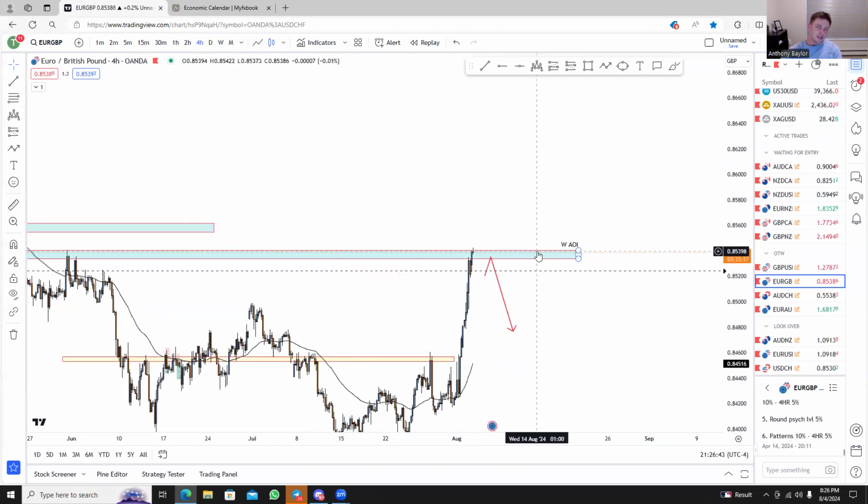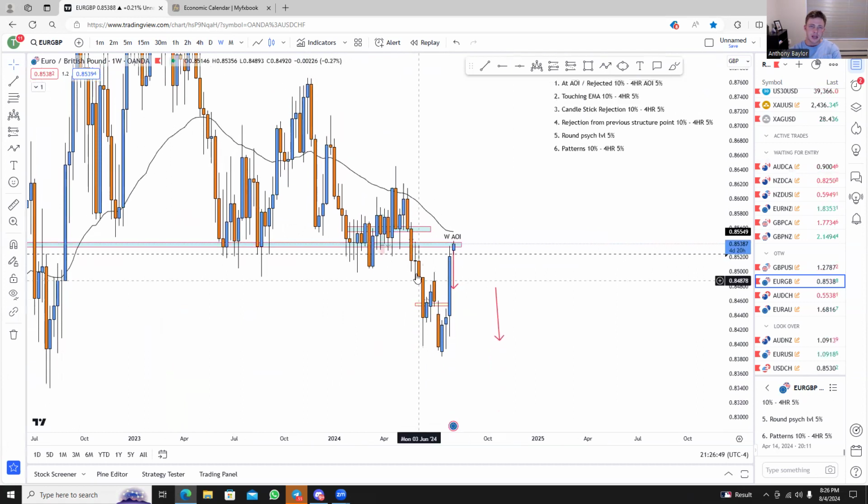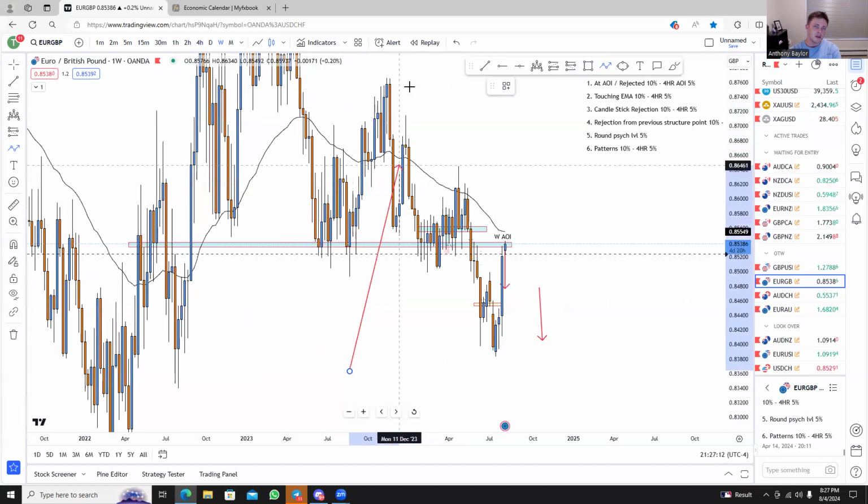But then consider, look, it's at a weekly area of interest now. Our trade is inside of a weekly area of interest, inside of the 4-hour weekly area EMA with a round psychological level. Look how many points this is. If it's above this blue box, it goes up.